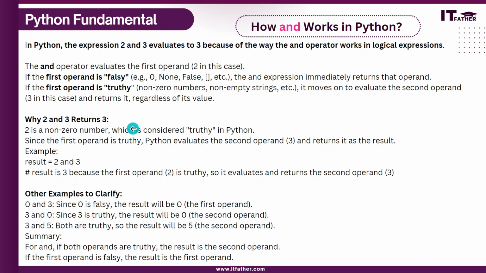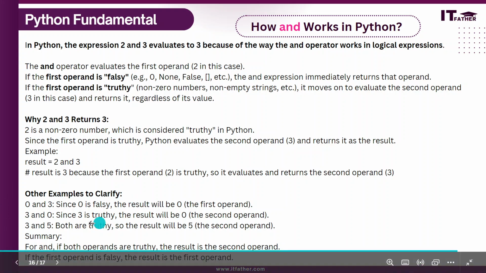So why does 2 and 3 return 3? If we are writing 2 and 3, the output will be 3. Why? Because 2 is non-zero, it is truthy. Since it is truthy, it immediately goes to the next operand, which is 3, so it will return 3. And if in the place of 2 it had been 0 or any falsy value, then it would have immediately given that value.